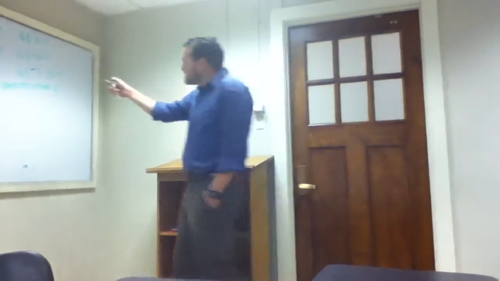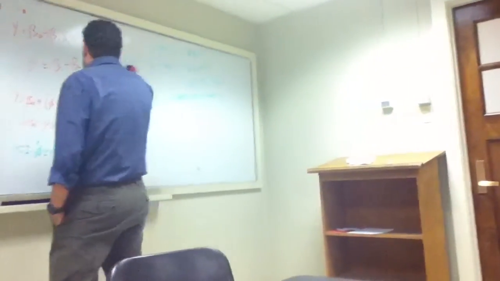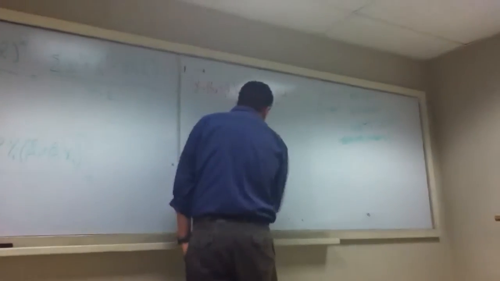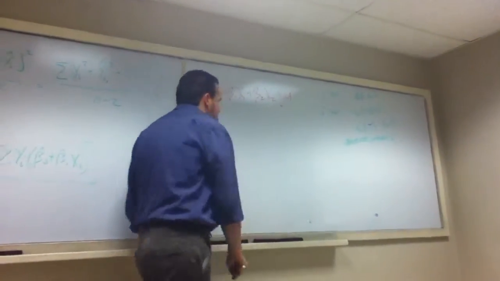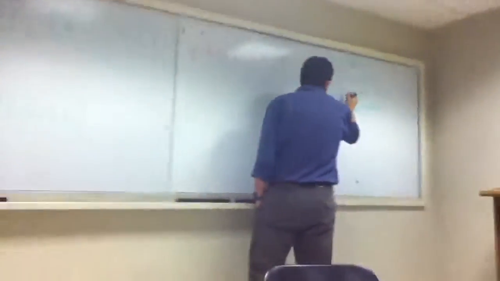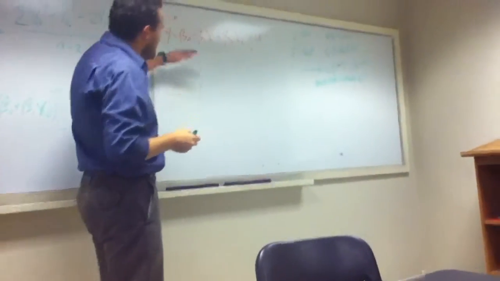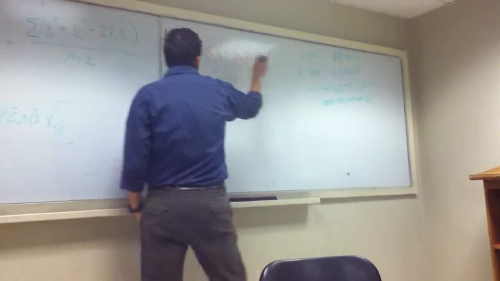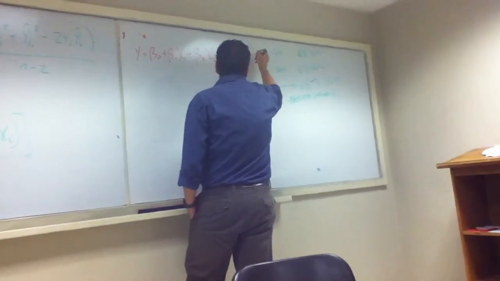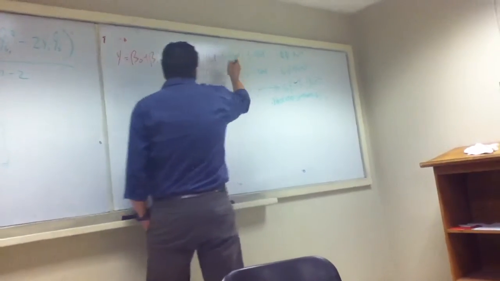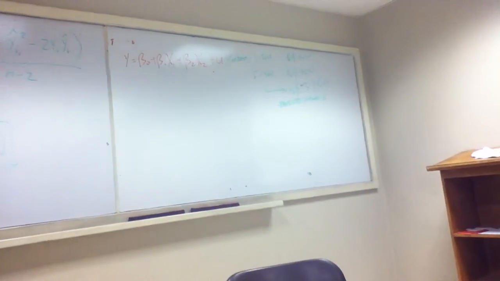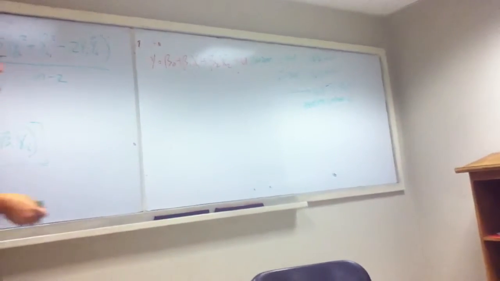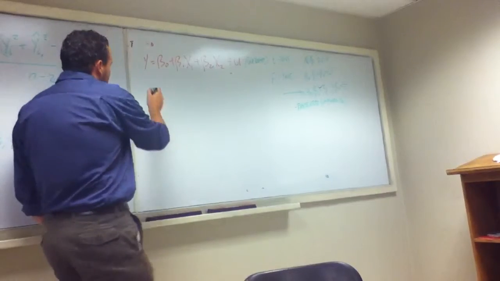Okay. So if we're going to do something like this, and we wanted to test this hypothesis in this model, this would be our unrestricted model. We run that, get an R squared or sum of squared residuals, and then compare that to the restricted model.